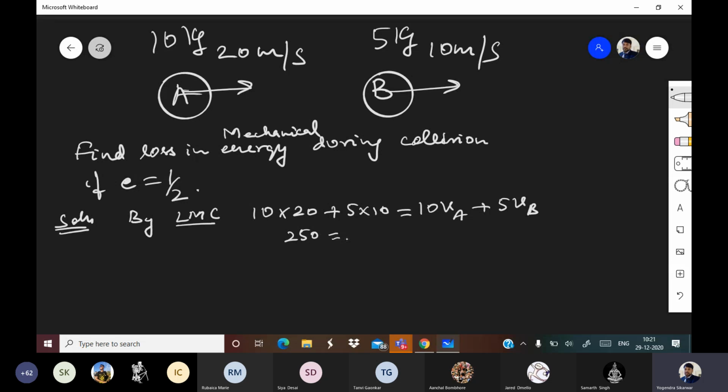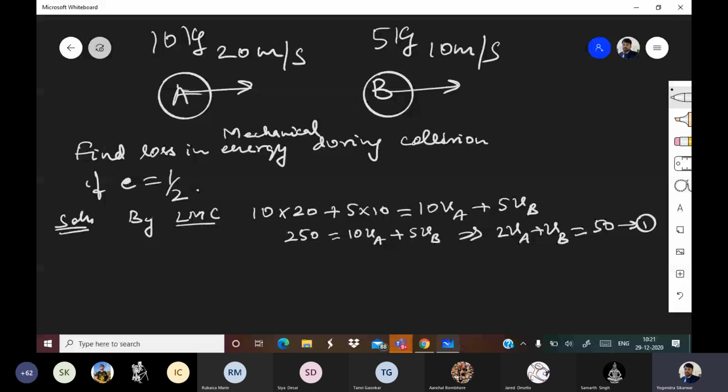So 250 is equal to 10 VA plus 5 VB. And that gives us 2 VA plus VB is equal to 50. This is equation number 1.